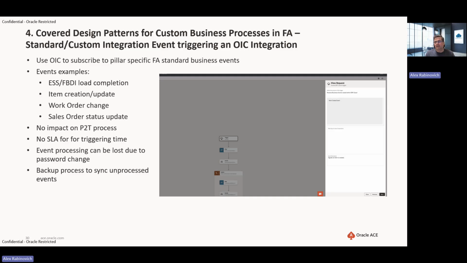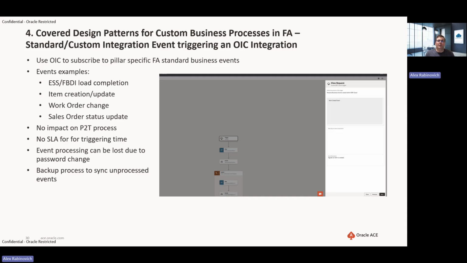For the event example, there are many events available. Just consult the documentation to see what you want to use. Of course, there are generic events like ESS and FBDI load completion, and specific events like item creation, update, work order, and sales order status update.